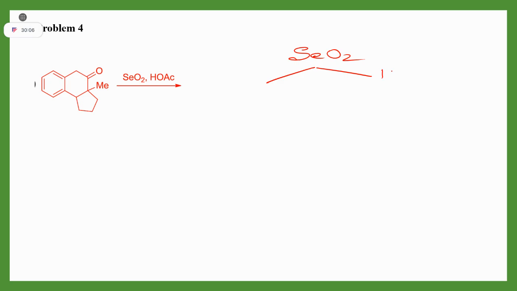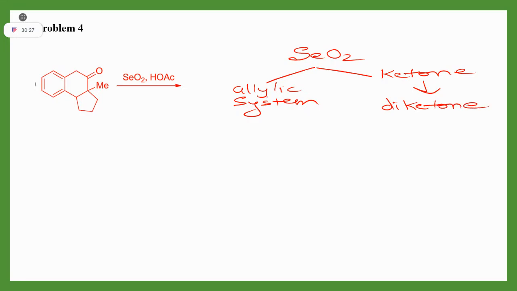One role is with ketone, and one role is with your allylic system. Whenever ketone is there in the medium, selenium dioxide changes that ketone to diketone. And whenever you are having an allylic system, it basically makes allylic alcohol.